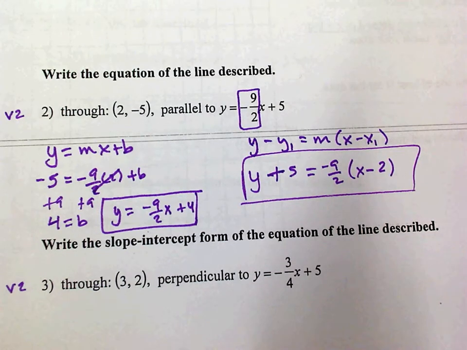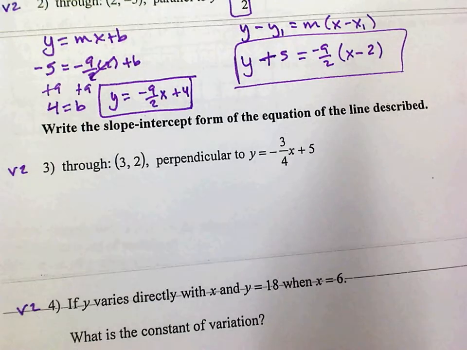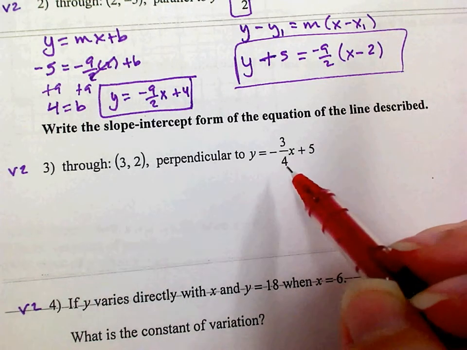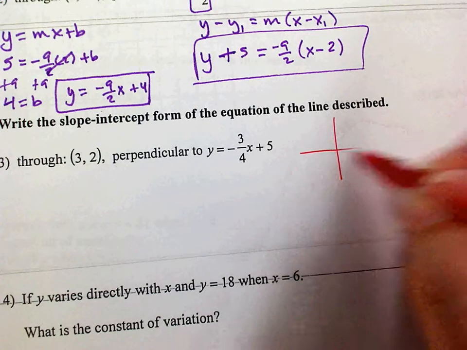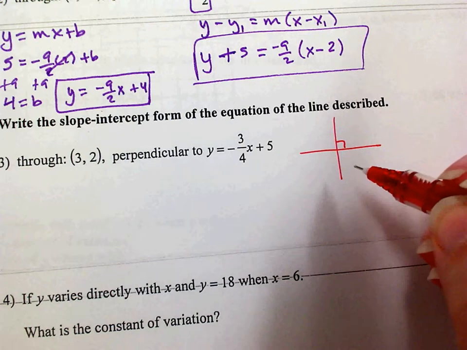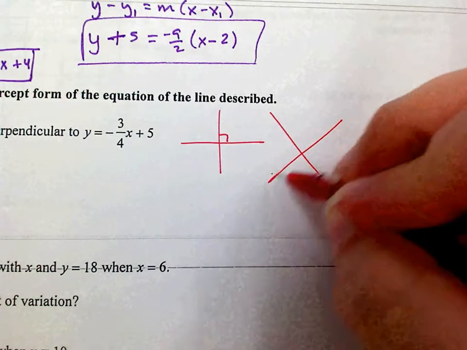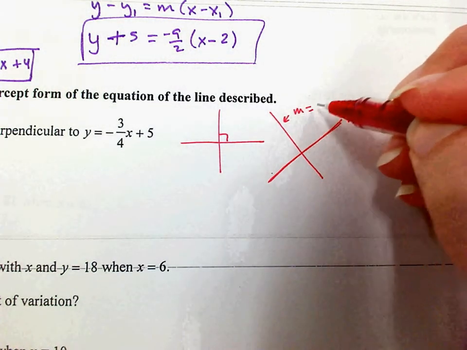Okay, now let's talk about number 3. If you need to go through this point and be perpendicular to this line, well, to be perpendicular means you meet at a 90-degree angle, and your slopes are exactly opposite. So this slope would be +1, whereas this slope would be -1.